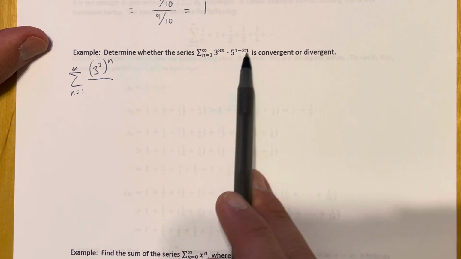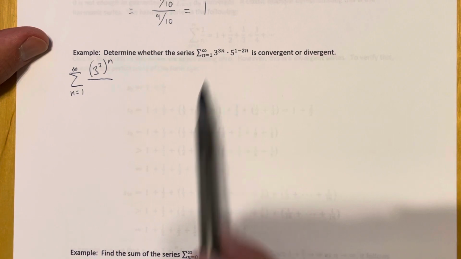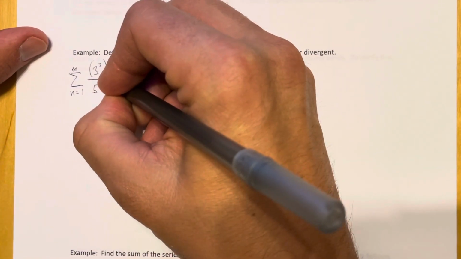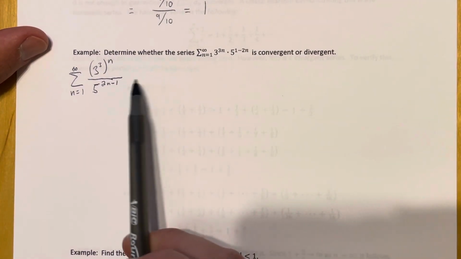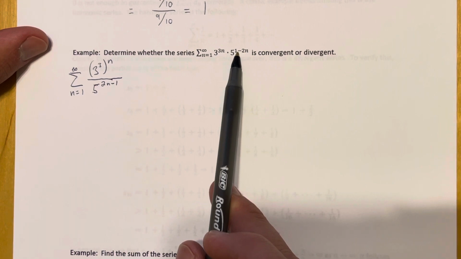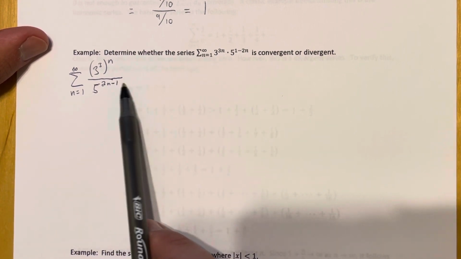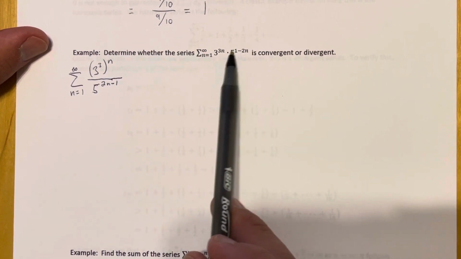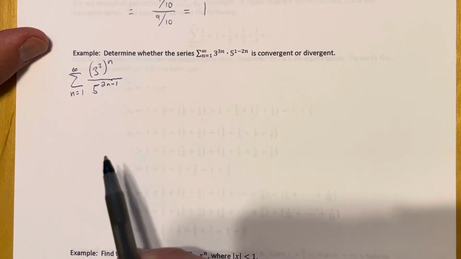This second factor, 5 to the 1 minus 2n, I'm going to write as 5 to the 2n minus 1 and put that in the denominator. Now all that I did is I took the opposite of my power here. In other words, 2n minus 1 is negative (1 minus 2n). Using that negative, I put this thing in the denominator.